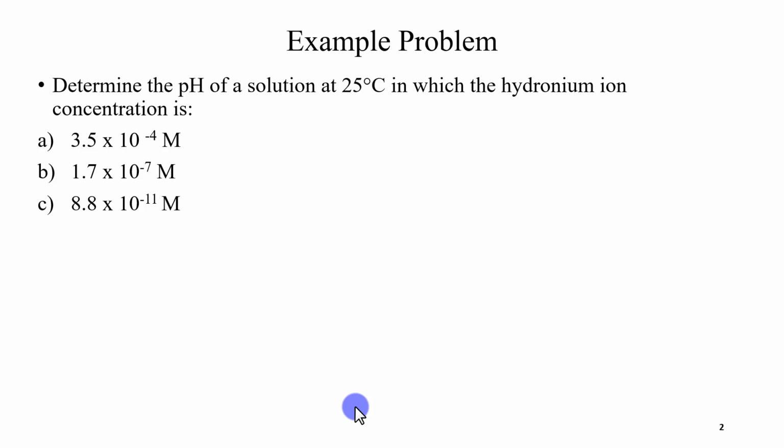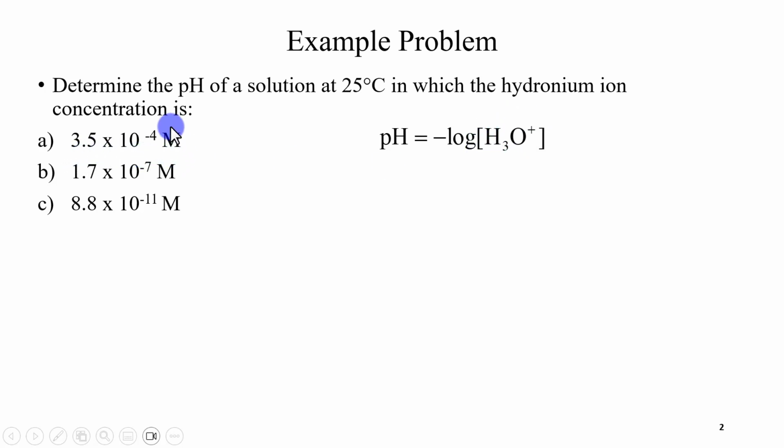Let's take a look at how we calculate the pH of a solution when we know the hydronium ion concentration. So determine the pH at 25 degrees where the hydronium ion concentration is 3.5 times 10 to the minus 4 molar. Here's my definition of pH: minus log of the concentration of H3O+.